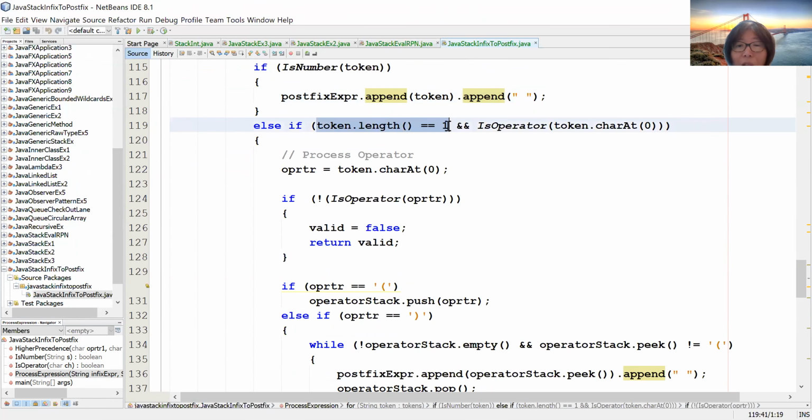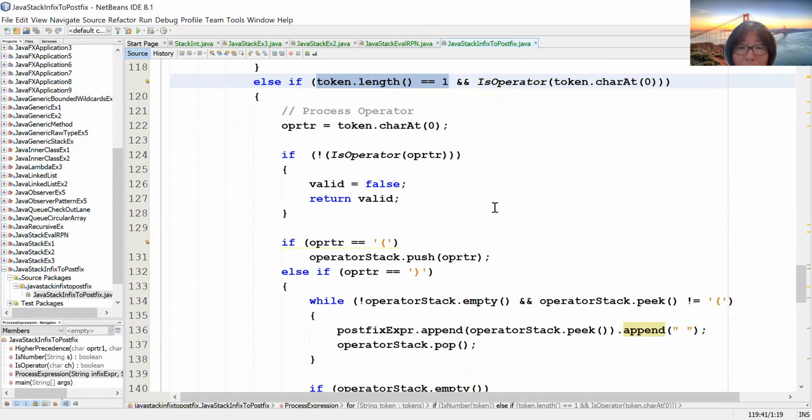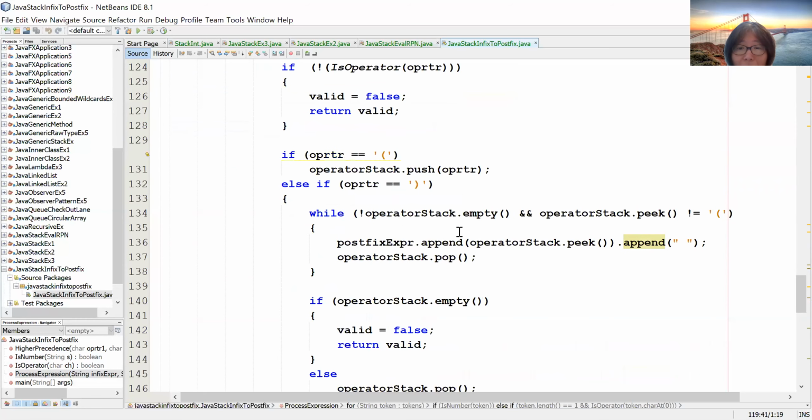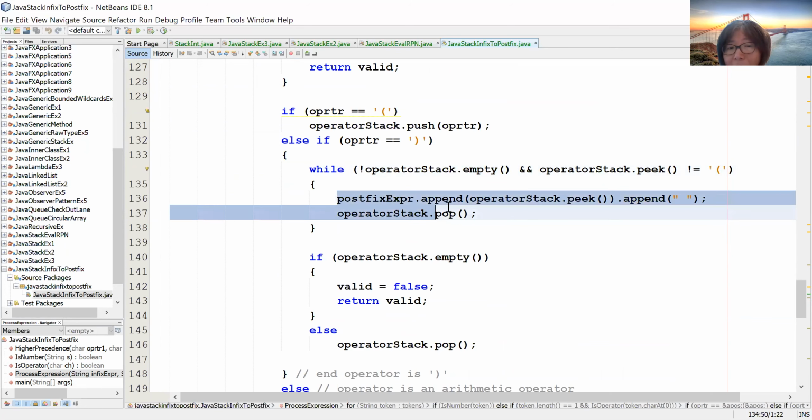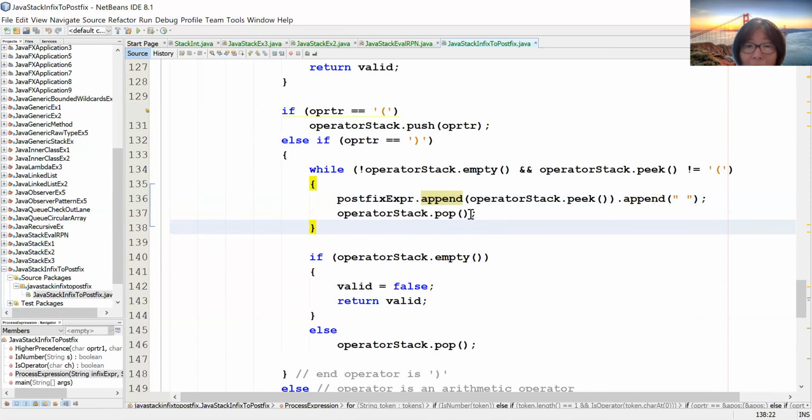Then if the token is an operator, we need to push it to the stack or pop from it, depending on the case. Like over here, if it's a left parenthesis, then you just push it to the stack. If it is a right parenthesis, it's pretty straightforward: you keep popping all of the operators out of the stack and append them to the postfix until the left parenthesis is reached.